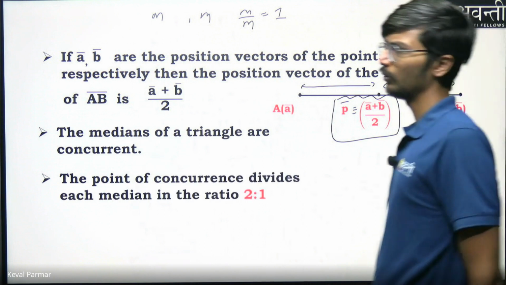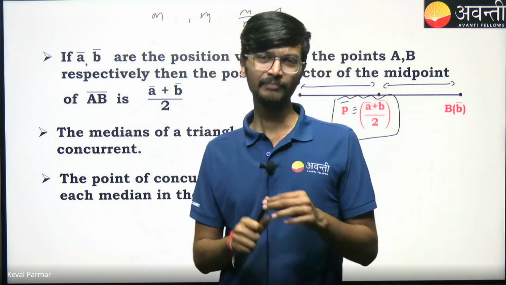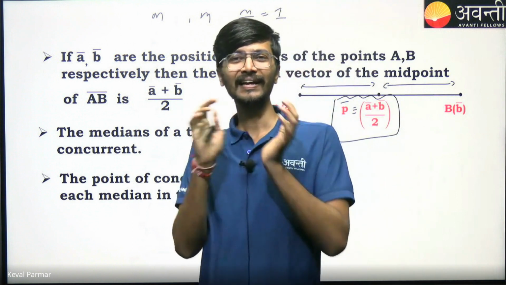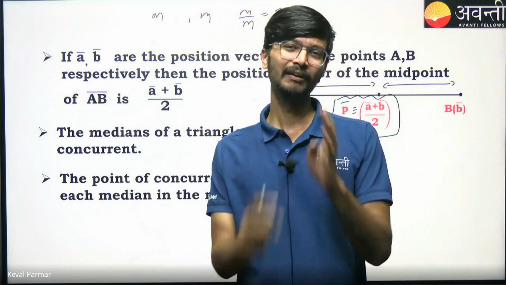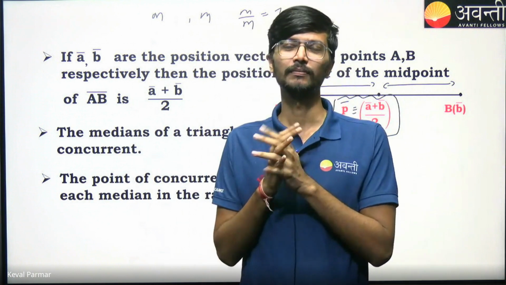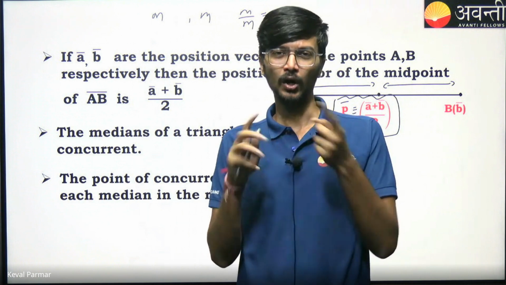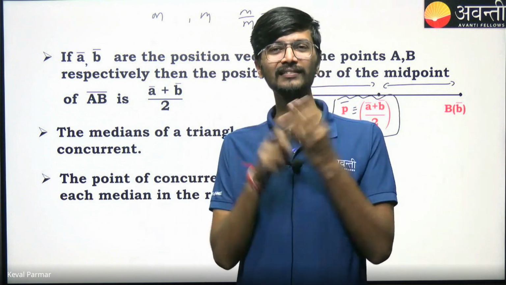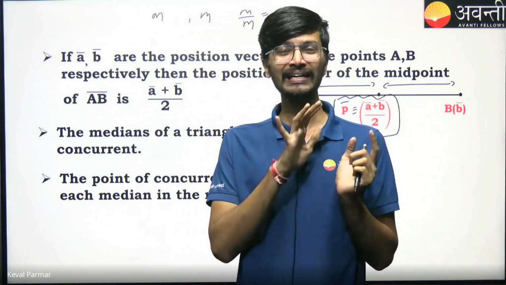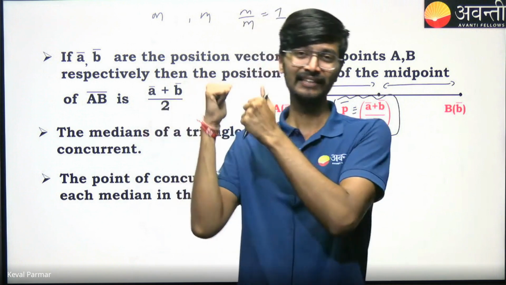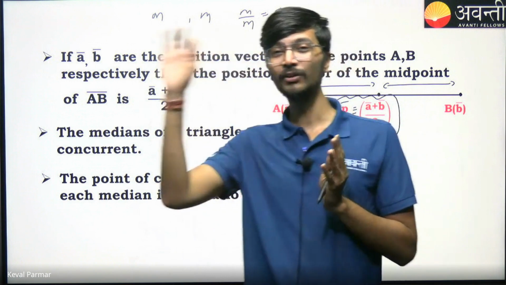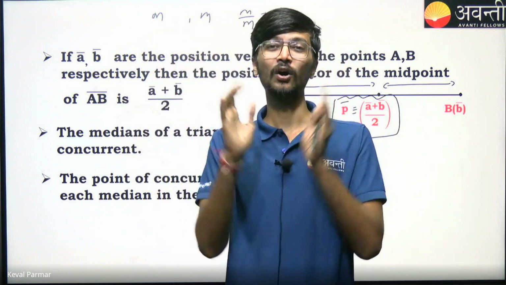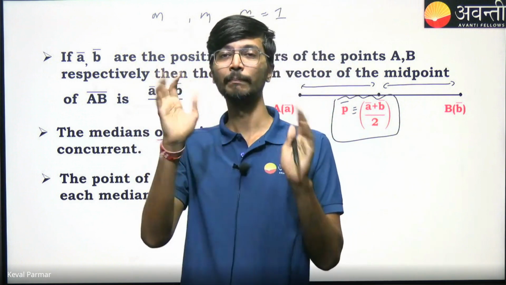Let's talk about triangles now. In triangles there are also some special points. If you can remember, we have a total of four, I guess: orthocenter, incenter, centroid, and circumcenter. By using section formula, we can get the coordinates of all of these. But let's not dive into that. We'll just focus on the centroid because it is the simplest.